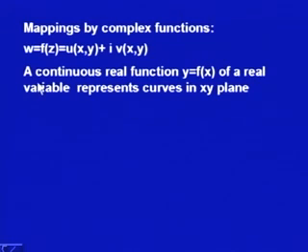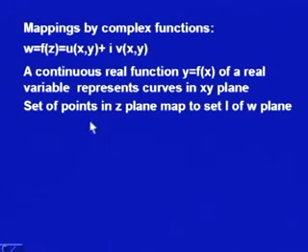But when we take continuous real functions y is equal to f(x) of a real variable, then we know that it represents a curve in xy plane. So, we want to see how curves in z plane will map to curves in the w plane. So, set of points in z plane map to set I of w plane.